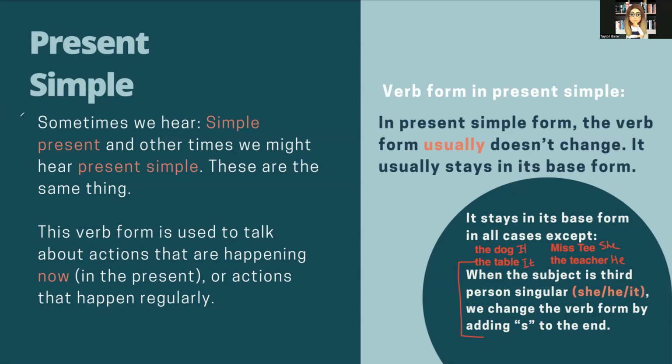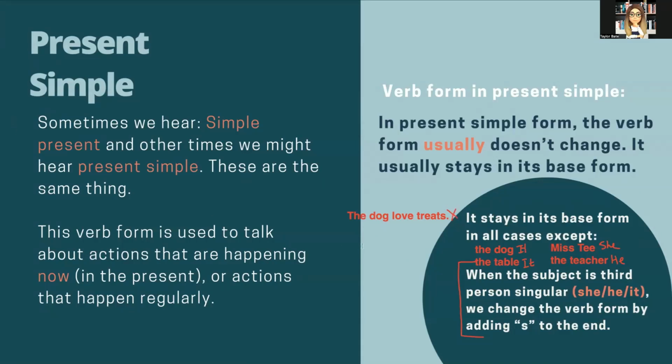So is it correct to say the dog love treats? No, that's not correct. Why? Because third person singular. So what should I do? I should put a big X here because this is incorrect.